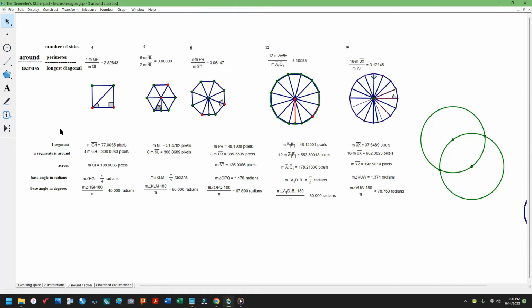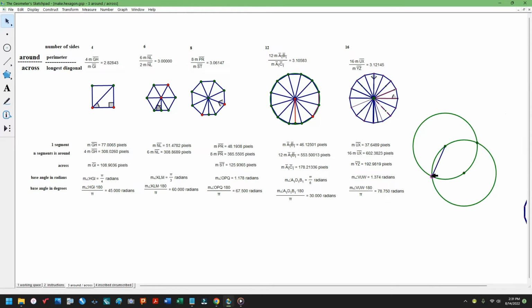I'd like to now have you consider the distance around the polygon compared to the distance across. The triangle is not listed because a triangle is missing something. If we want to compute the around versus the across for a triangle, we don't have an across.